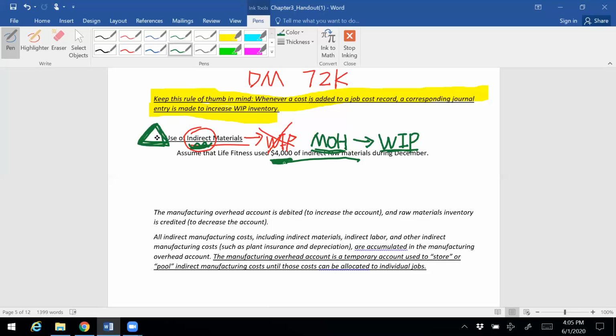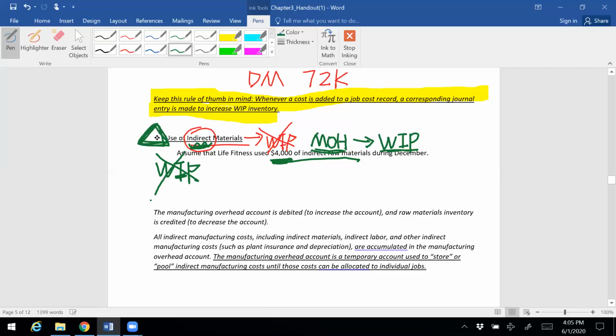We cannot do that, so we cannot increase our work in process. You have to wait until you get the rate and then you allocate. That's the right way. So when you have an indirect material, you never put it in work in process directly.